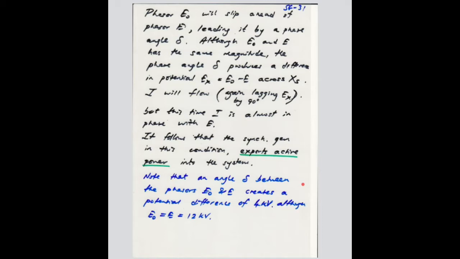And hence you get the angle we discussed, which is angle delta. This angle determines how much active power is going to flow from the generator into the utility grid, right? And the current in the stator, which is I, is due to this angle delta, right?